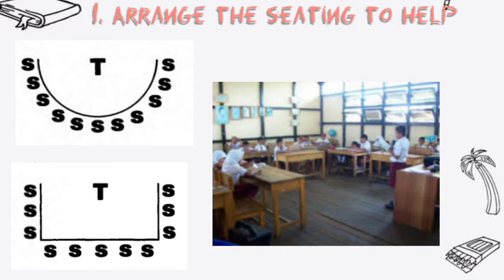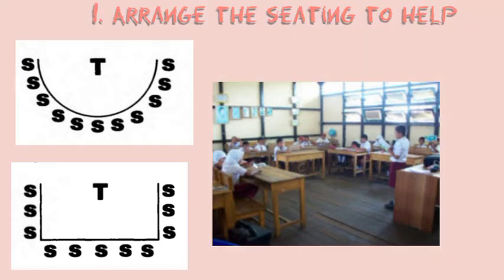The seating should suggest that students are encouraged to talk to each other. At the same time, it should allow for the removal of the teacher from a central dominant role during certain activities.